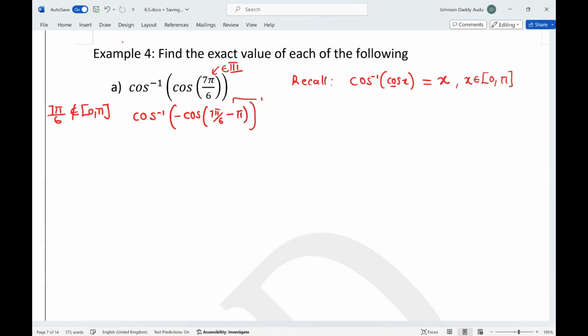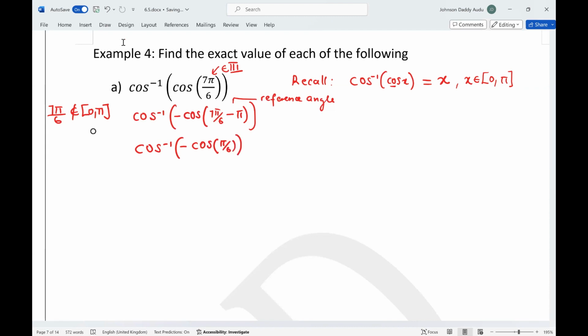What we have used so far here is the reference angle. So this becomes cosine inverse of minus cosine of 7 pi over 6 minus pi, which is just pi over 6, right?